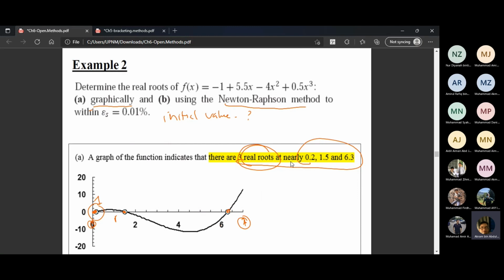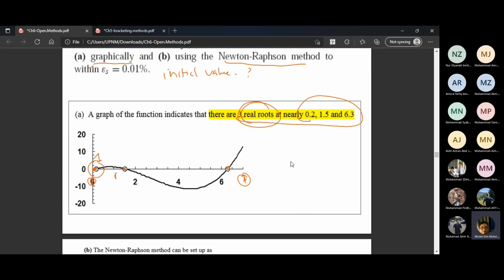So if you draw a graph, using a graph paper, or you use any software, MATLAB or Excel to plot the graph, we can estimate the initial value that we can use. So if you plot the graph, you can see that there are 3 roots available in this function of fx.